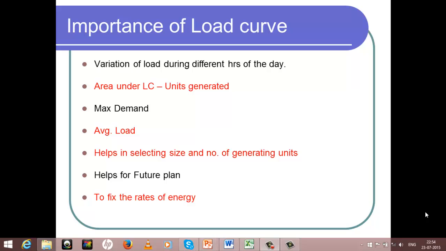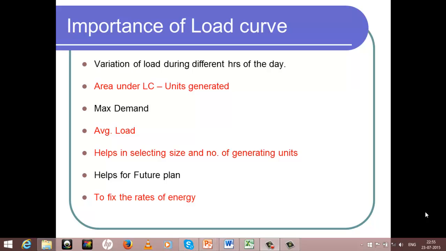These are some of the importance of the load curve. Variation of load during different hours of the day we can easily observe from the load curve. Area under the load curve is the energy generated or consumed on that particular day, or it may be a month, depending upon the load curve. We can also easily observe the average load, the maximum load, and the base load of that particular day.